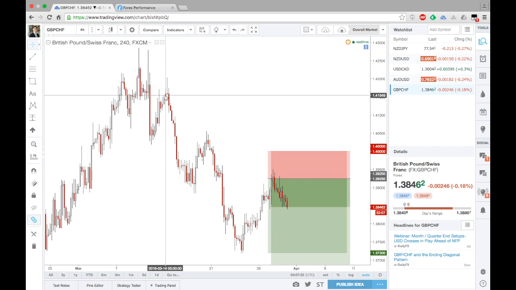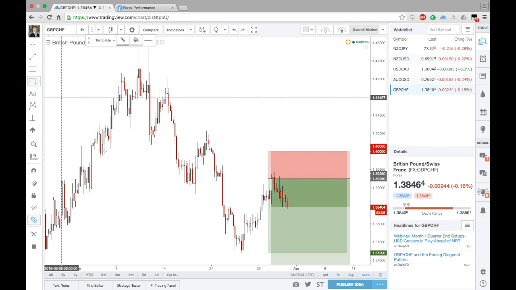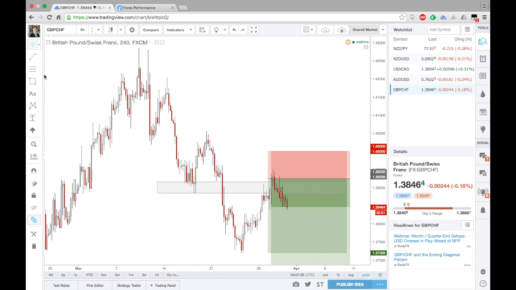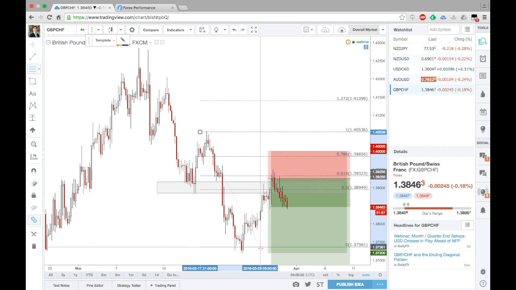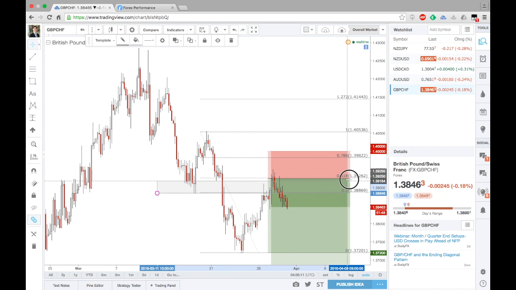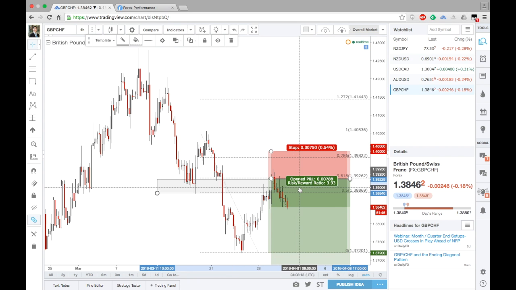Once we have 1, 2, 3, 4, we identified that this is the previous structure low. I pull in my Fibonacci from the previous high to the previous low. You can see that at 618 it confluenced nicely with my previous structure level, somewhere around here. So that's where I entered with my stops above and my TP below.